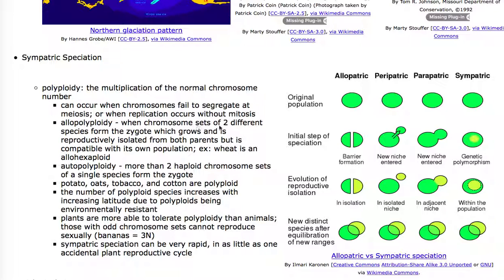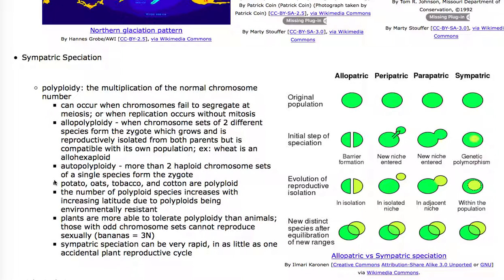Allopolyploidy is where chromosome sets of two different species do the uniting and forming the triploid or more zygote. Autopolyploidy is where two or more chromosome sets from the same species form the zygote. Sympatric speciation is actually pretty common in plants, and a lot of our crop plants are polyploid plants produced by sympatric speciation.